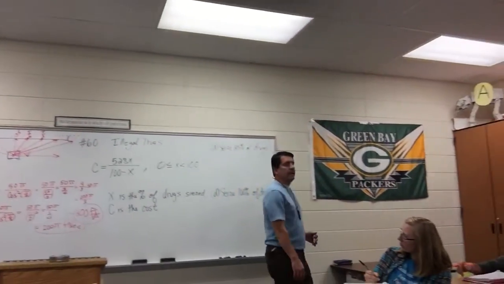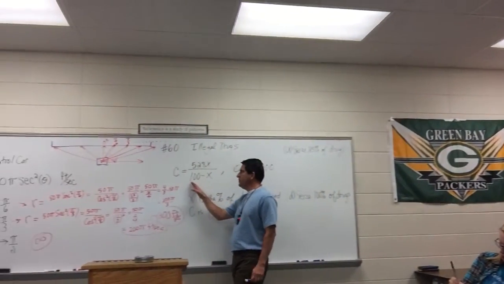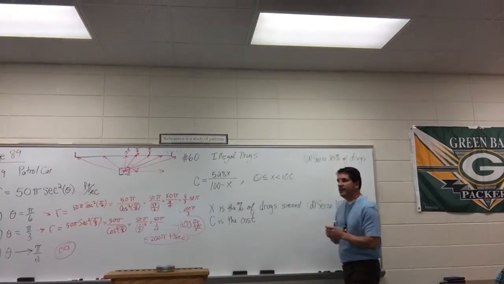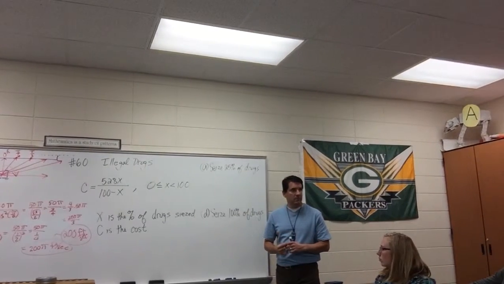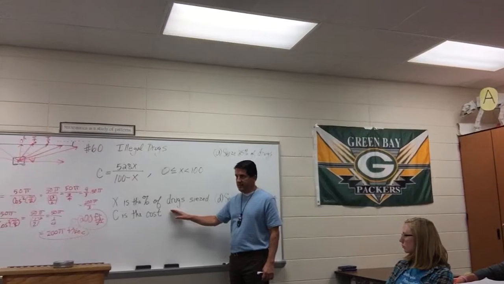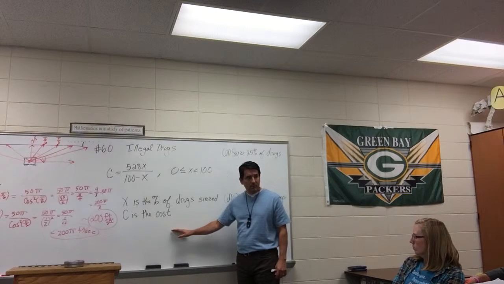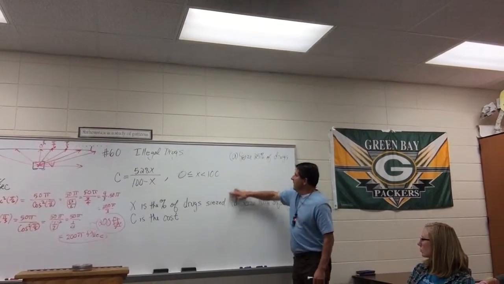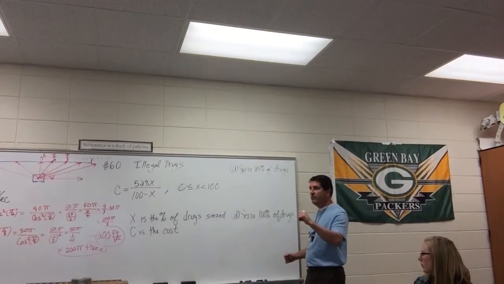And so this is actually a formula that computes the cost of eliminating a certain percentage of the drugs that are on the street. X is the percent of drugs that they're seizing, and C is the cost. So they said, find the cost for removing 25% of the drugs.